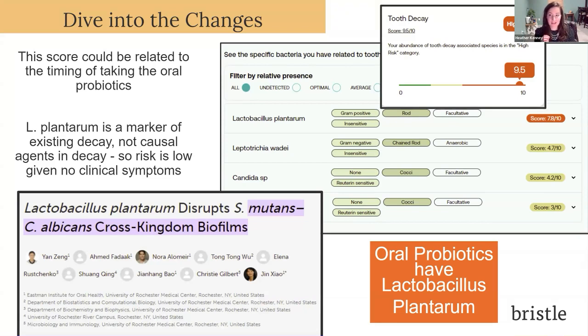Either he has a little bit of active decay somewhere that's not showing up on his x-rays, and that Lactobacillus plantarum is sticking in that spot, or he did the test too soon or too close to taking his oral probiotics. So those are the two. It doesn't cause a risk, but it might be a flag that there might be some area of possible active decay because it will stick in that area, but it doesn't ferment and cause cavities.